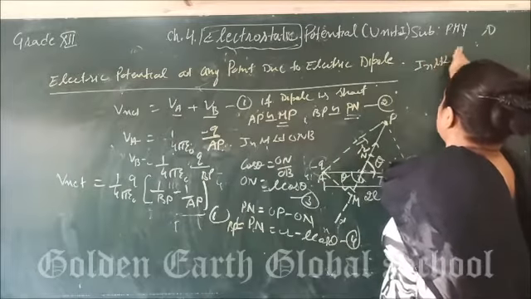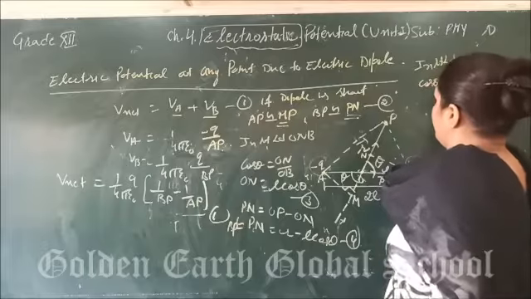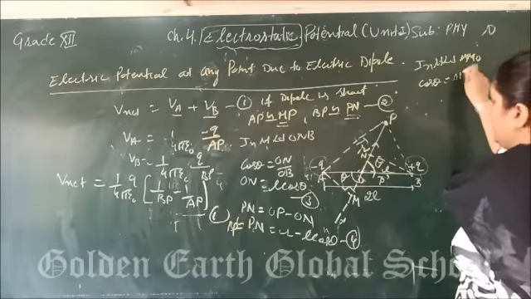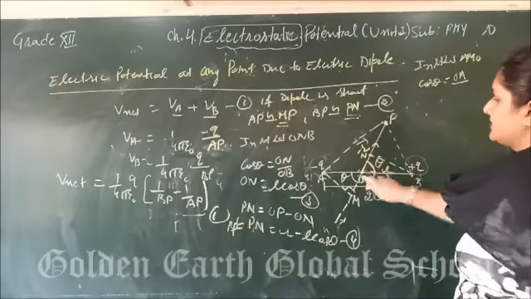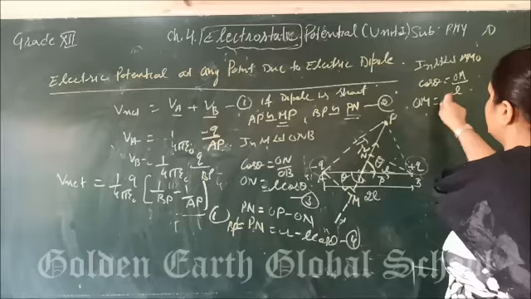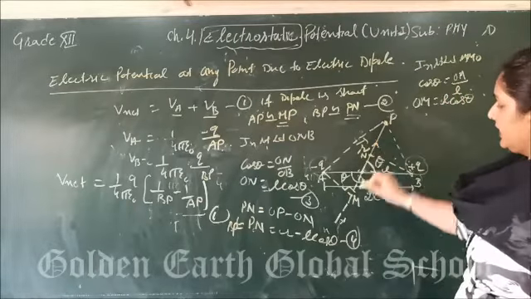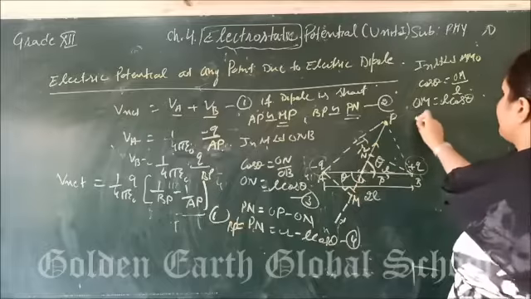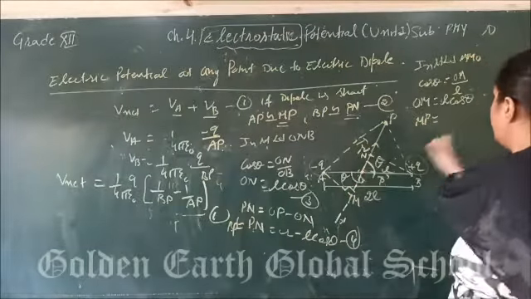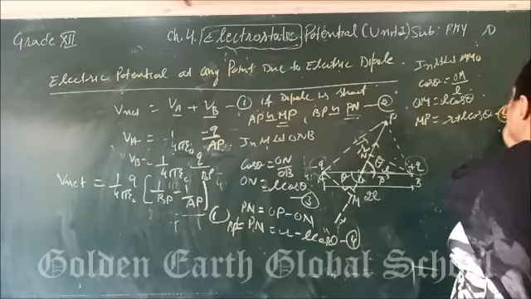In right angle triangle AMO, cos theta will be equal to OM upon OA, that is L. So OM will be equal to L cos theta. Next we have to calculate MP. MP will be equal to OP plus OM, that is R plus L cos theta. Name it equation number 5.